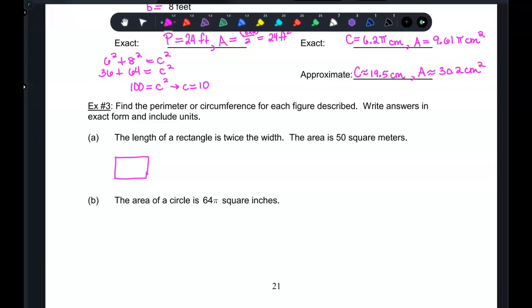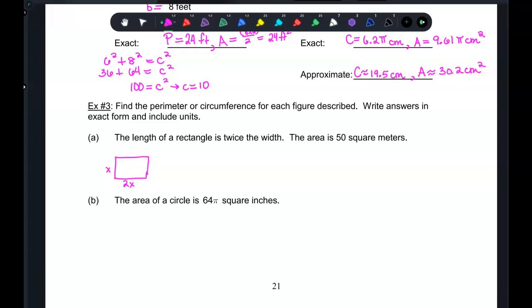If I'm going to introduce a variable, I could do 2x and x. Which one would be the width? I would make this 2x and this one x. Does that make sense? We're good with that? It doesn't really matter which side we do.